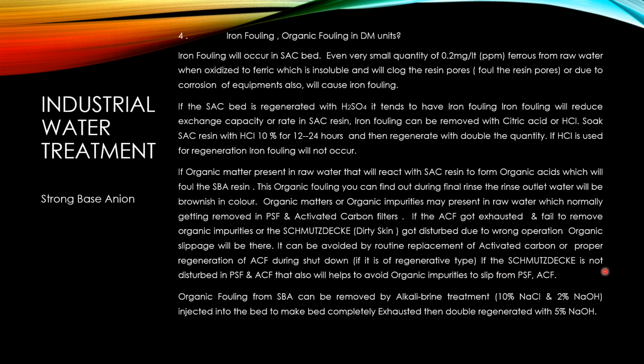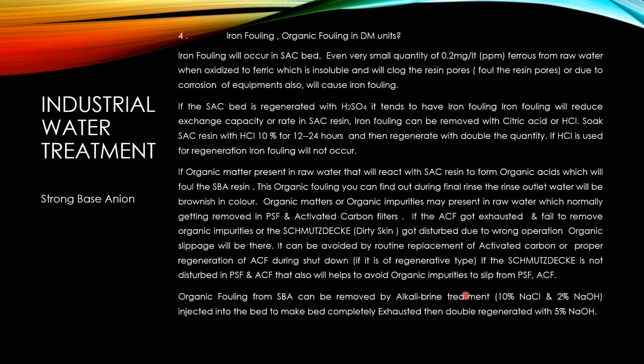If the schmutzdecke is not disturbed in the PSF or ACF, that also will help to avoid organic impurities slipping from the PSF and ACF, which we have seen about the schmutzdecke in the previous episodes. It plays a vital role in any unit in a DM plant, whether it is PSF, ACF, SAC, WBA or SBA.